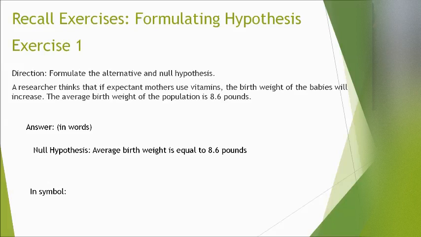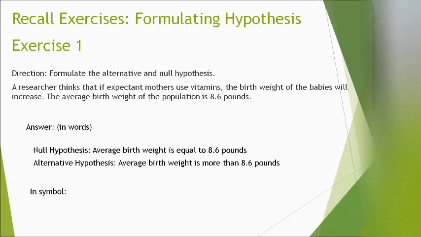Next is the alternative. You look for the keyword. What is our keyword? It's increase. Babies will increase. So writing the alternative hypothesis: the average birth weight is more than 8.6 pounds. Now writing it in symbols: H sub 0, population mean is equal to 8.6 pounds.